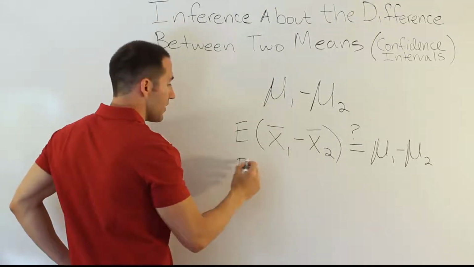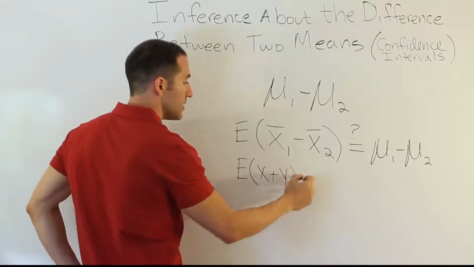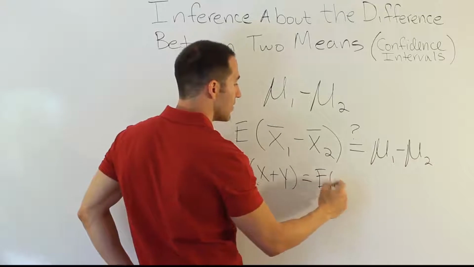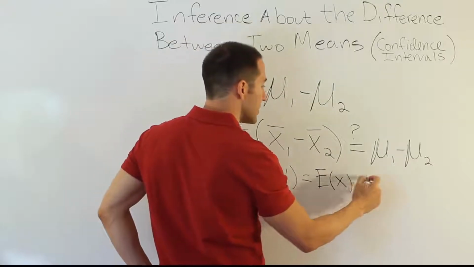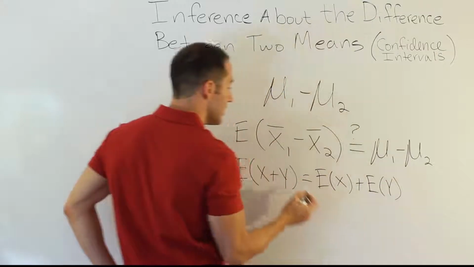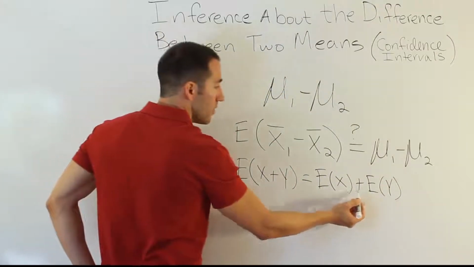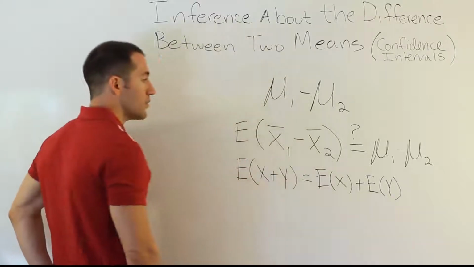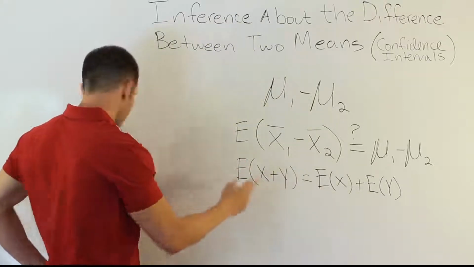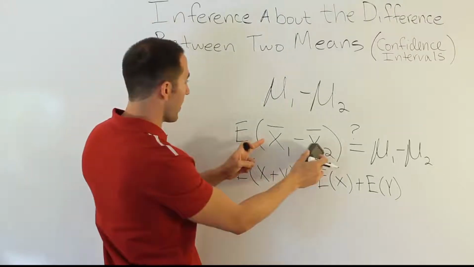It turns out that the expected value of x plus y can be shown to be the expected value of x plus the expected value of y. In other words, we can simply say that the expected value of the sum of two random variables is the sum of their expectations. What's really nice about this is if we substitute for x and y our x bar 1 and our x bar 2, because basically that's what we have here.